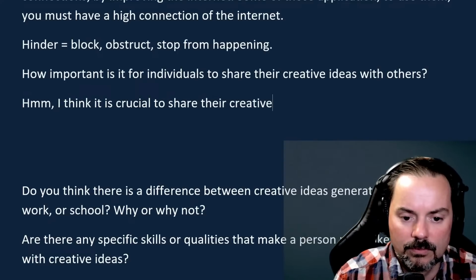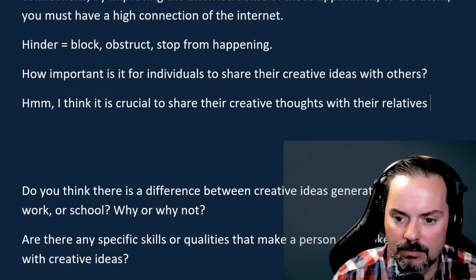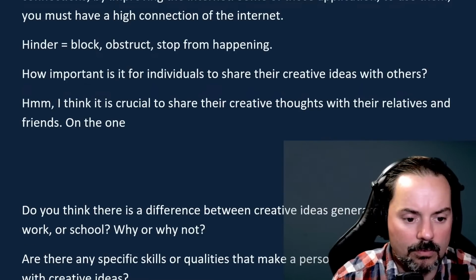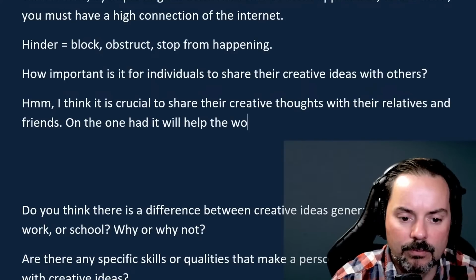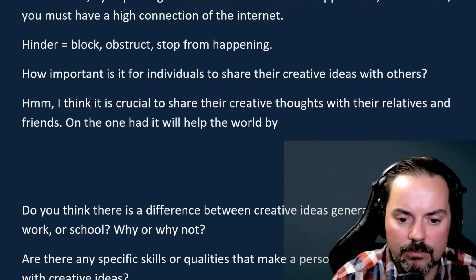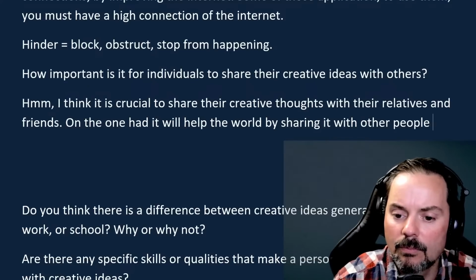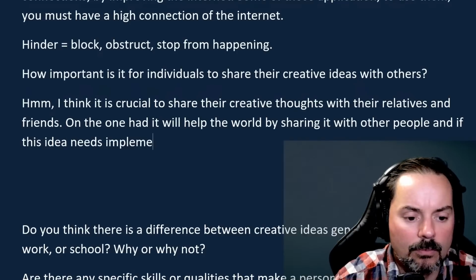On the one hand, if it's a good idea that helps the world, spreading this kind of invention will definitely do the world a big favor by helping a lot more people. And in other cases, if this idea needs improvement, it's always a good idea to get feedback or revision from others. As the saying goes, two heads are always better than one.